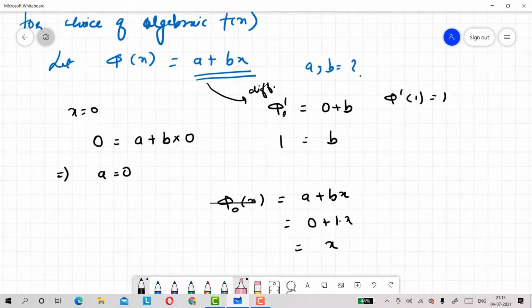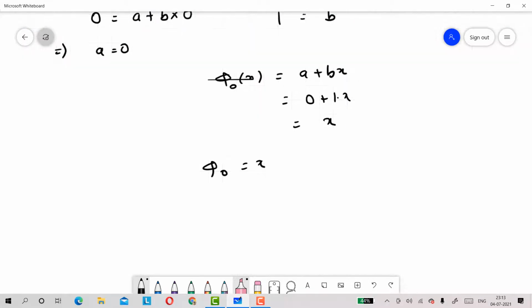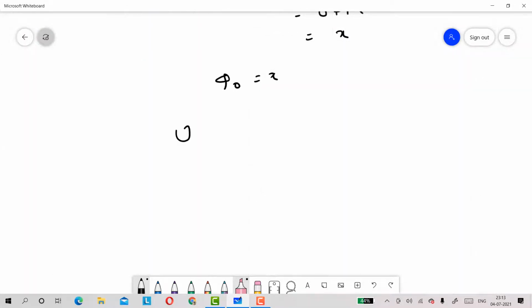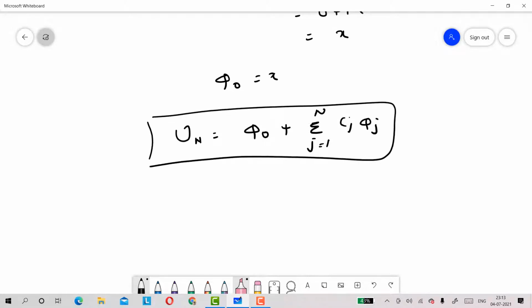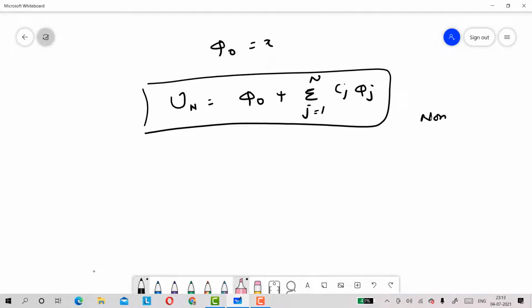So these are the terms. We know that the solution looks like this. We have seen it in previous lectures. For non-homogeneous conditions, our solution looks like this.